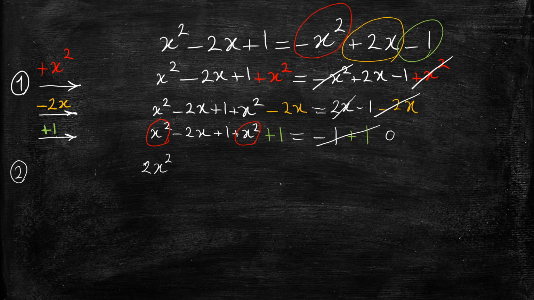Great. Let's see what other things of the same nature we have. We have -2x and, oops, I forgot to bring this -2x from the previous step here, you see.